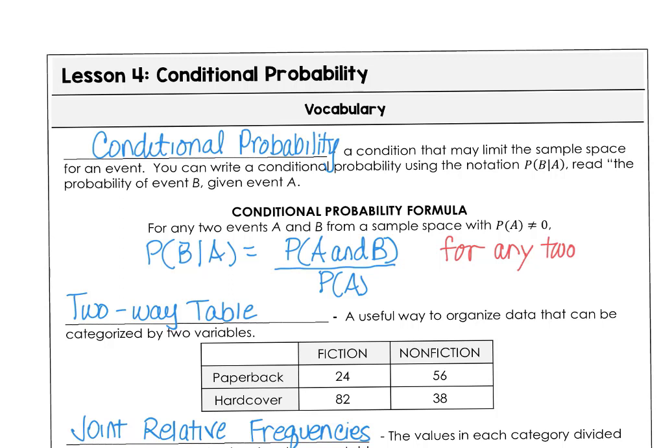Then we use a two-way table, which is a useful way to organize data that can be categorized by two variables. And here you see fiction books that are in paperback and hardback, and nonfiction books that are also in paperback and hardback.